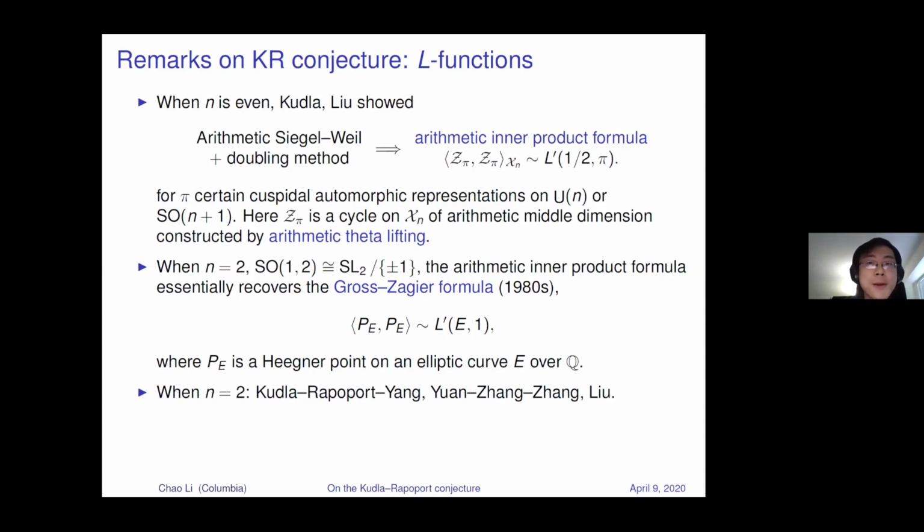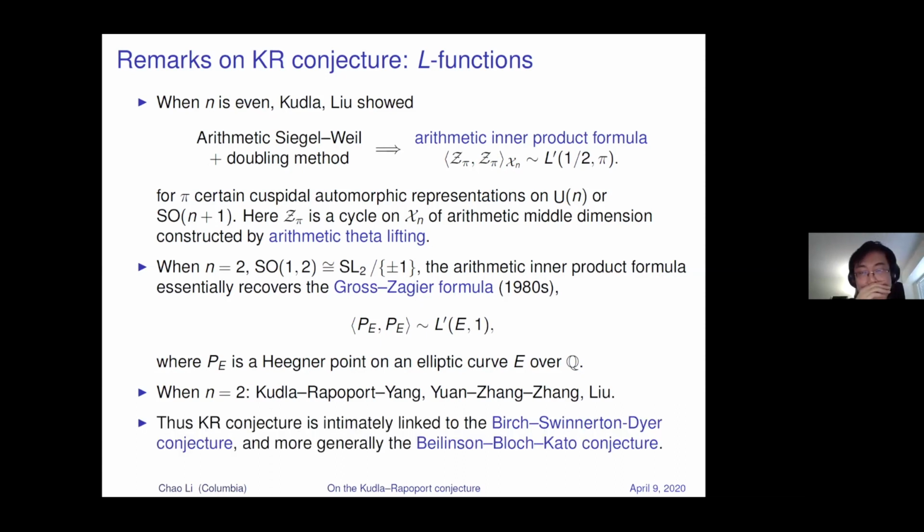So I hope this connection has illustrated that the Kudla-Rapoport conjecture is also intimately linked to the BSD conjecture, and more generally, for higher dimensional Shimura varieties, to the Beilinson-Bloch-Kato conjecture in the higher dimensional case. All right, any questions so far about the remarks?